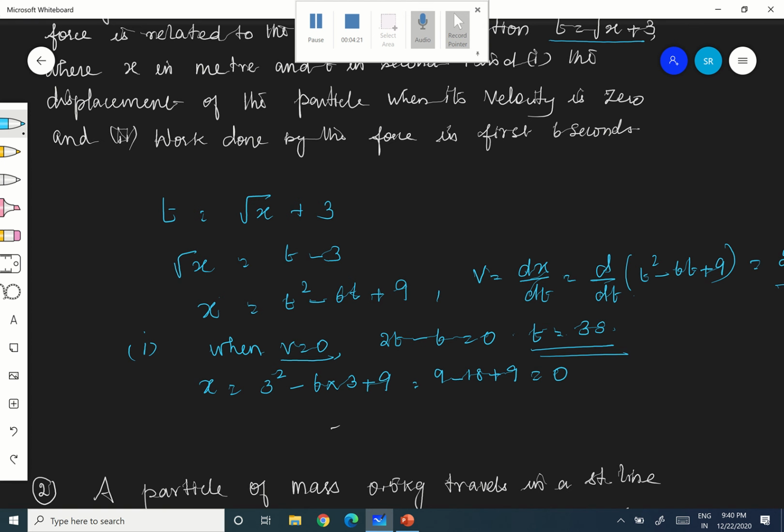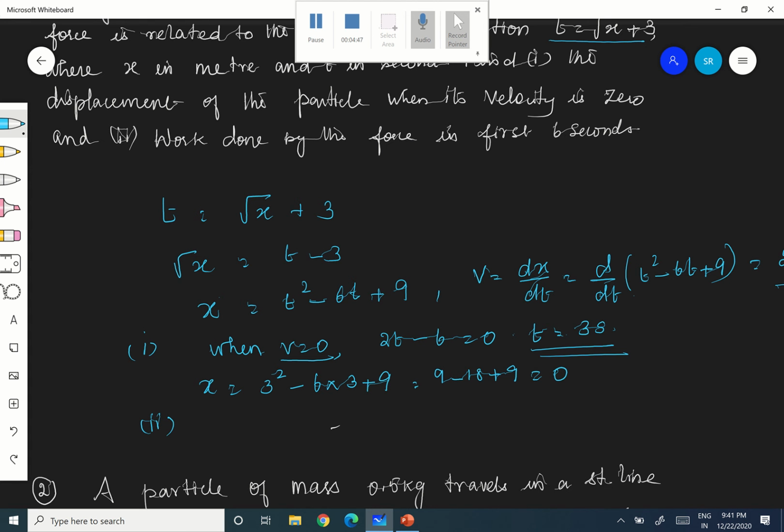Then what is the second one? The work done by the force in the first 6 seconds. For that, we know work done is force into displacement. First find the displacement.